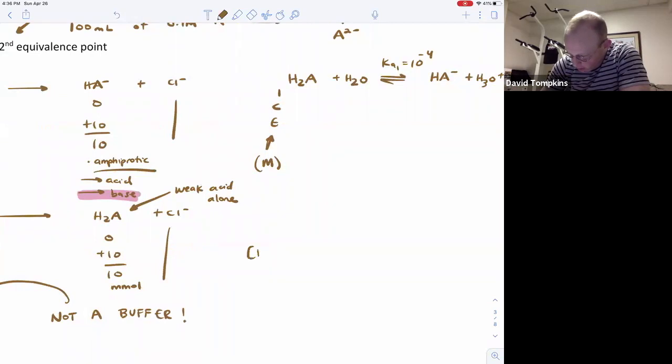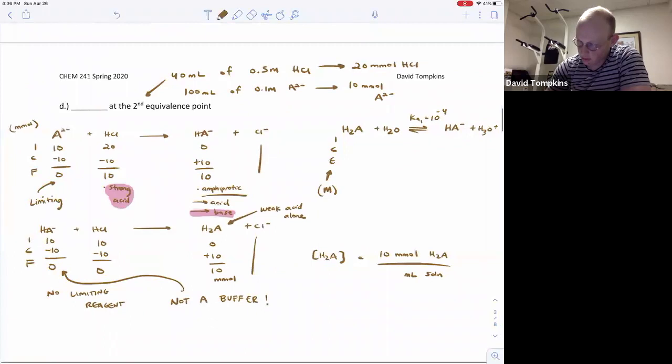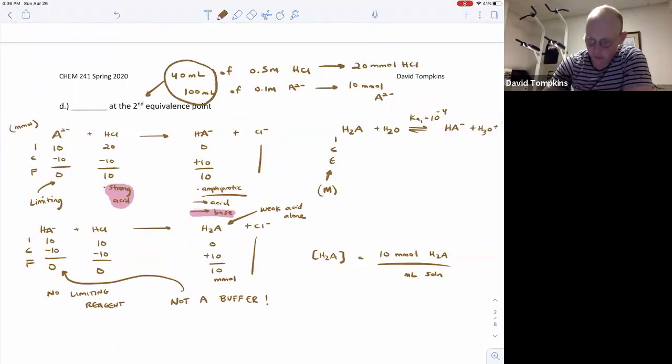And currently the concentration of H2A is equal to the millimoles of H2A divided by the milliliters of solution. And the milliliters of solution is a total of 140. Because you started with 100, and it took 20 to get to the first equivalence point, so it takes 40 to get to the second equivalence point.